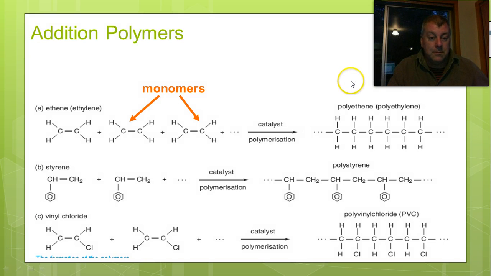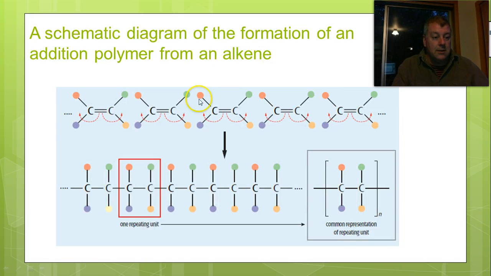Alright, let's move on. And so this is a schematic diagram. I included this one because it's got lots of colours in it, and the colour is coordinated. They're trying to show here that one of the bonds breaks, the electrons swing round and form a new bond, and they've put a box around it and introduced a new term. It's called a repeating unit. Basically the repeating unit is the representation of the monomer.